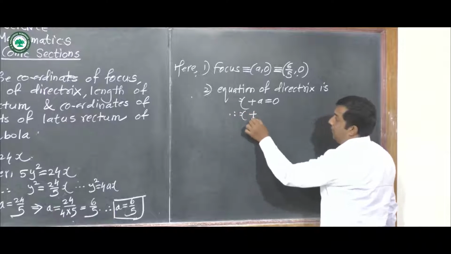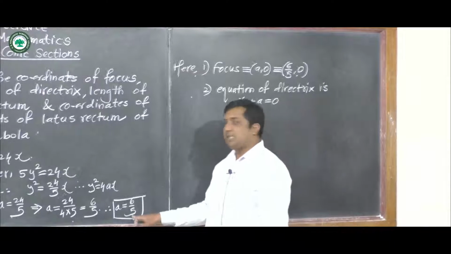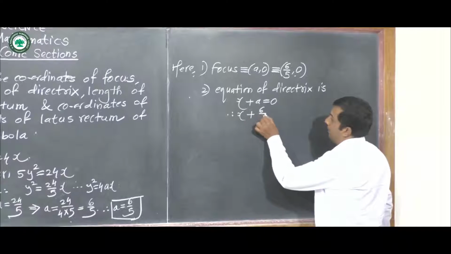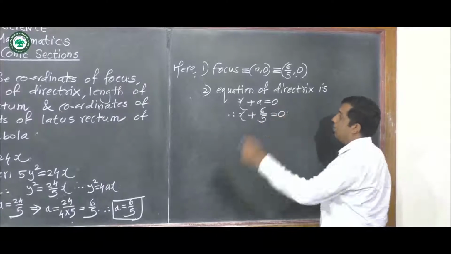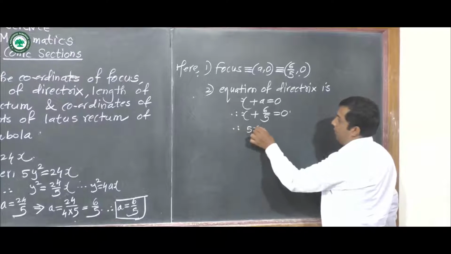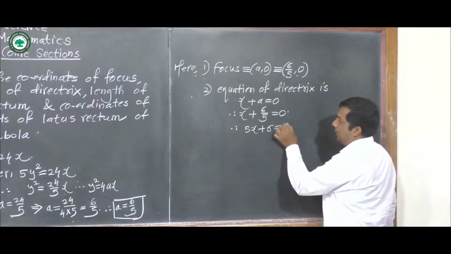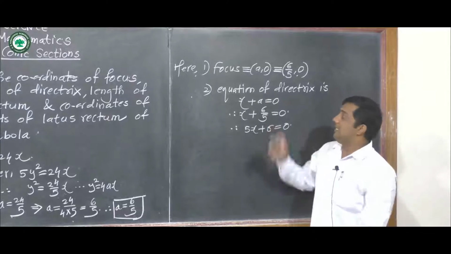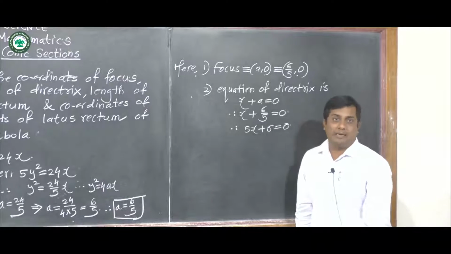Therefore x plus, we know a is 6 upon 5, so we replace a by 6 upon 5 and it is equal to 0. And in last, we get 5x plus 6 is equal to 0. This is the equation of the directrix.